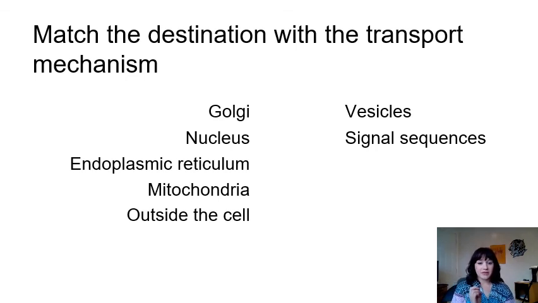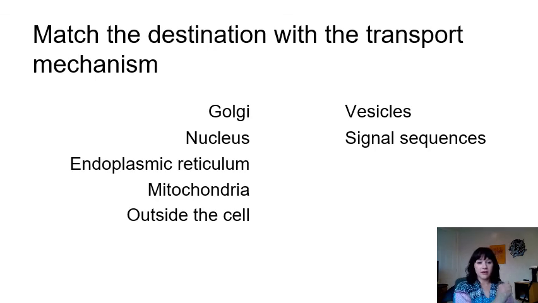So we still have nucleus left and mitochondria, right? With the nucleus, we don't have translocators. We have a nuclear pore, but there is a signal sequence involved, right? We talked about this protein that hangs out outside the nucleus near the pores. If it identifies a protein with the correct signal sequence, it will bind to that protein and guide it through the nuclear pore.